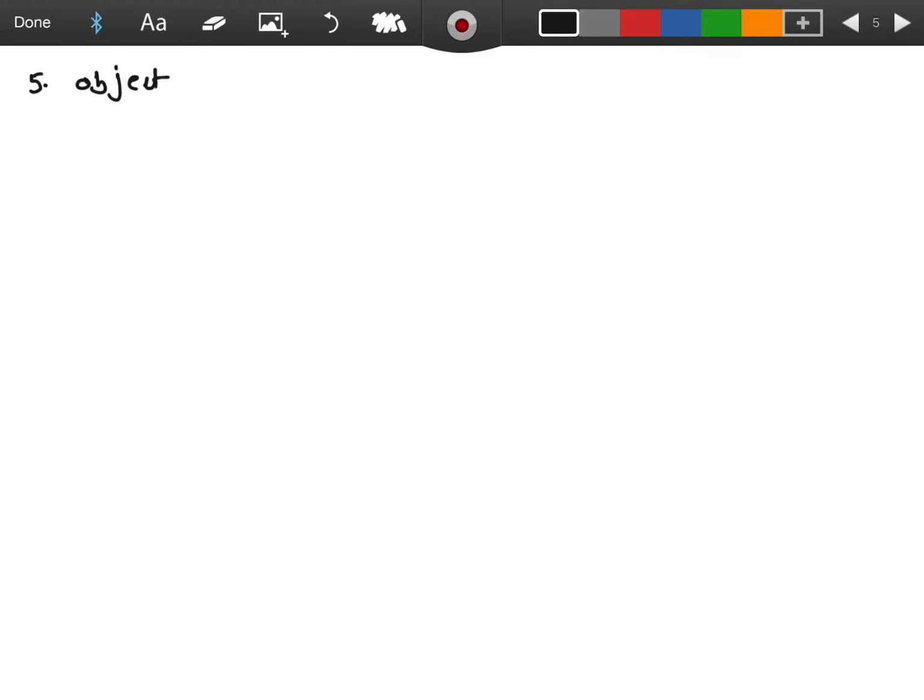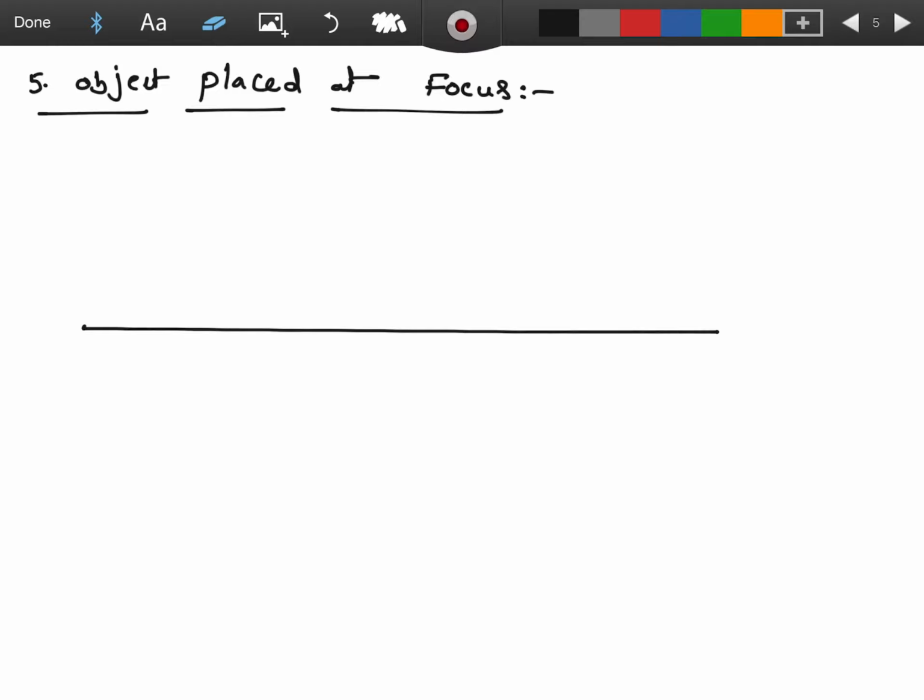Object placed at focus. Placed at focus. Now students, see here, again the same process I am following. I am drawing the principal axis first.